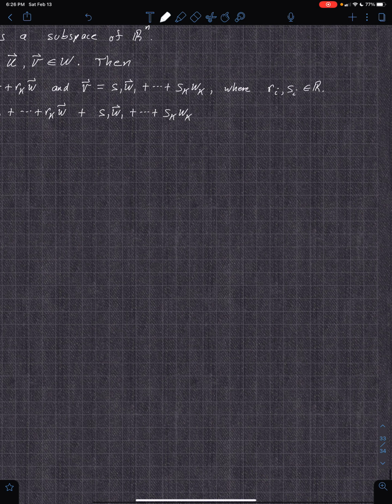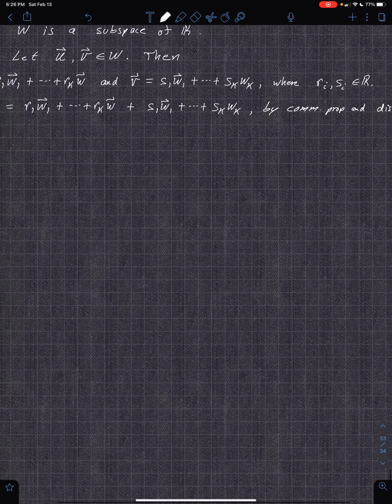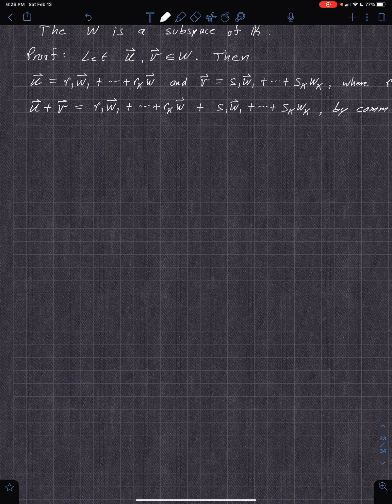So by commutative properties and distributive properties, we don't need to get too detailed here, we have this equal to, now we are essentially going to combine these together for w1.